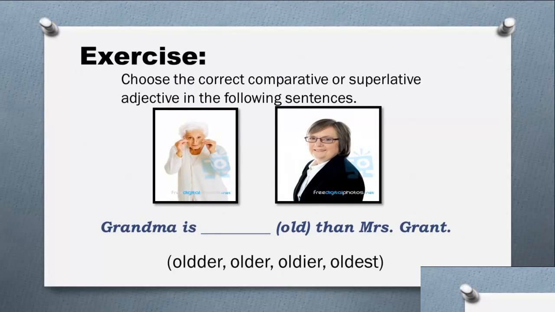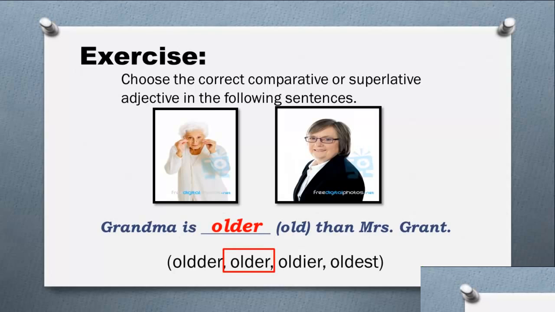Choose the correct comparative or superlative adjective in the following sentences. Take note of the correct spelling. The first one, Grandma is blank than Mrs. Grant. The adjective is old. The correct answer is older.